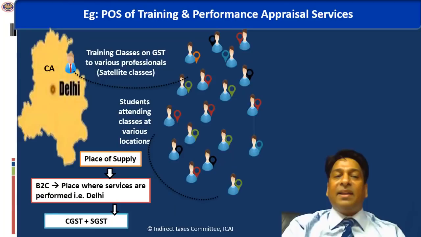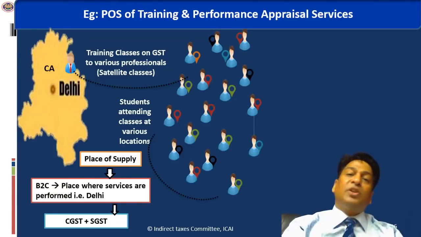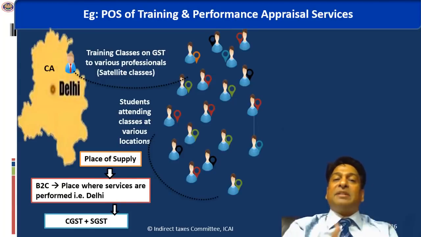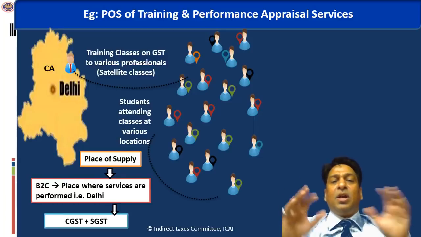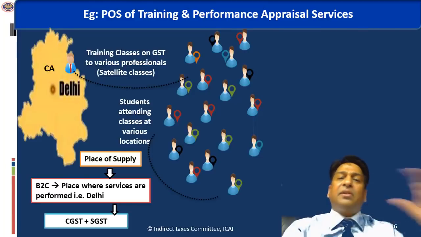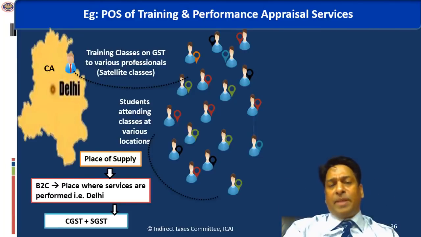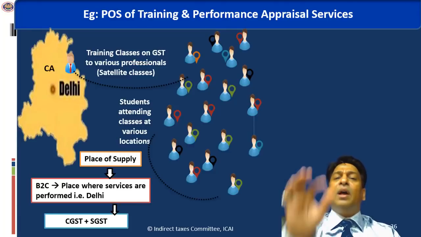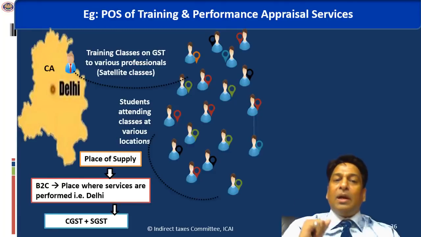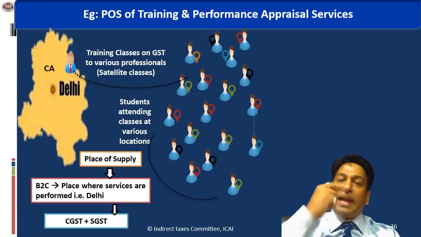Having said that, now I'm creating another example for determination of place of supply for training and performance appraisal service. In this case, this chartered accountant is giving GST classes to various professionals through satellite classes. These customers are scattered in different parts of the country, and the classes are given through satellite mode. Now the question is whether this transaction would be intrastate or interstate.